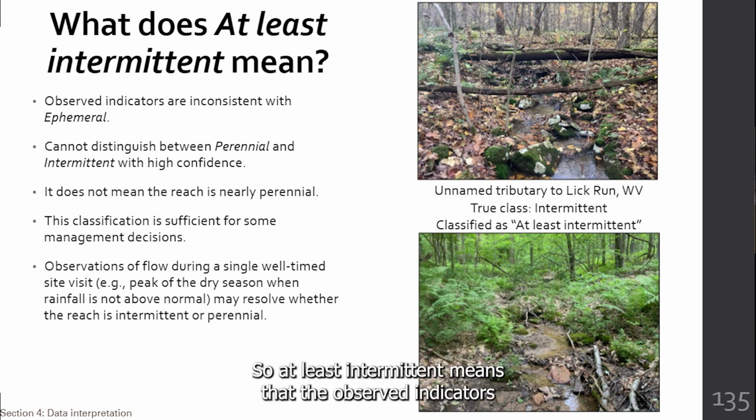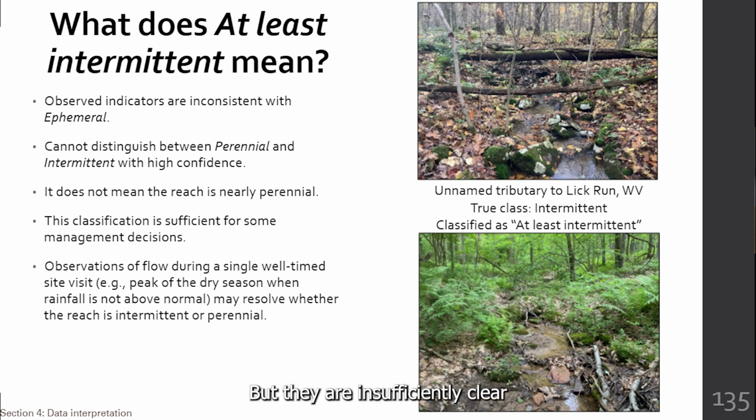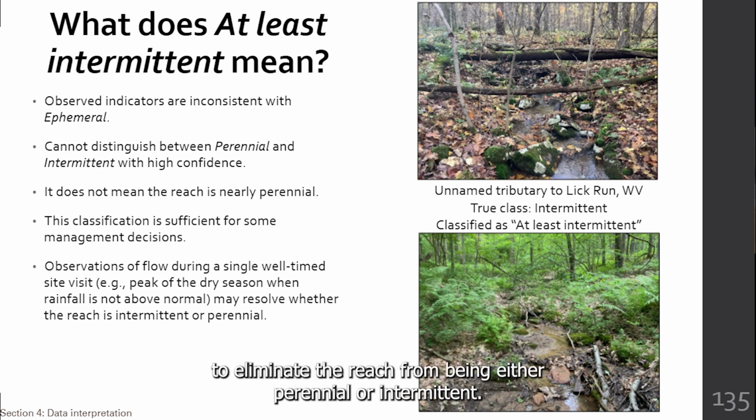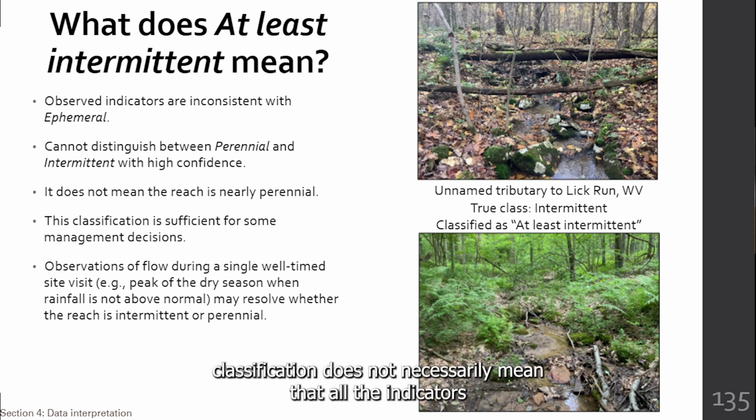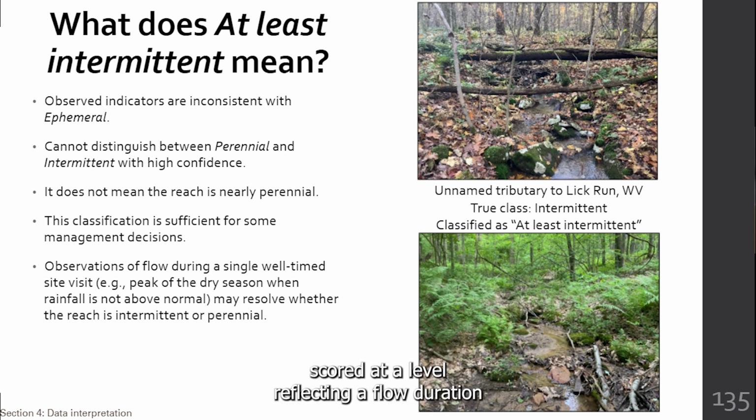So at least intermittent means that the observed indicators do not reflect a reach having ephemeral flow, but they are insufficiently clear to eliminate the reach from being either perennial or intermittent. Keep in mind too that the at least intermittent classification does not necessarily mean that all the indicators scored at a level reflecting a flow duration that is almost perennial.